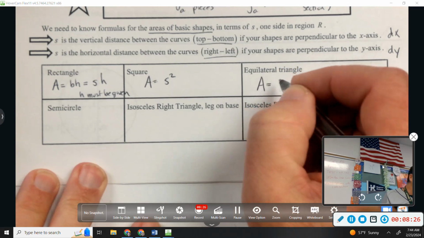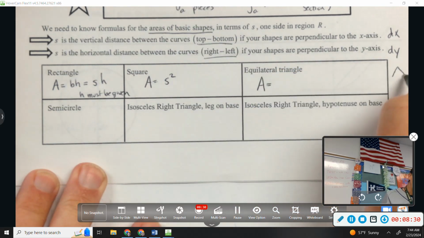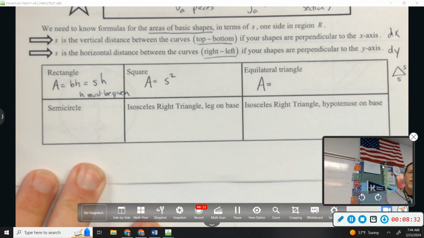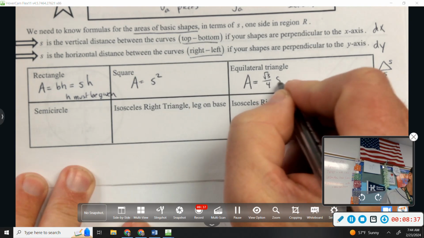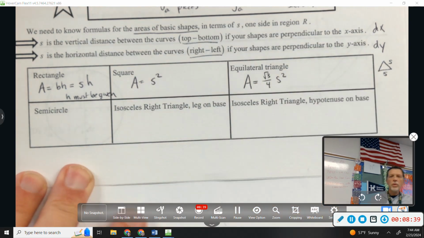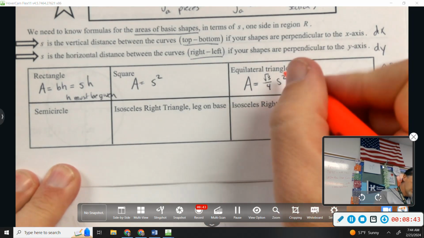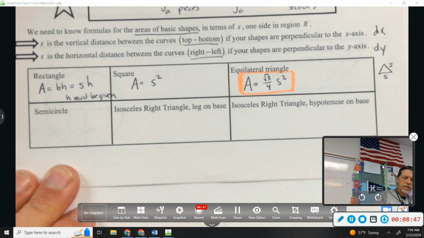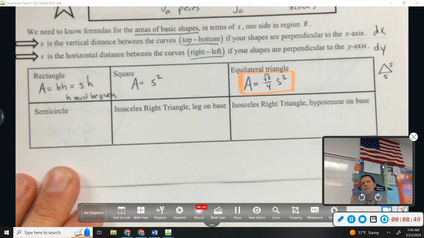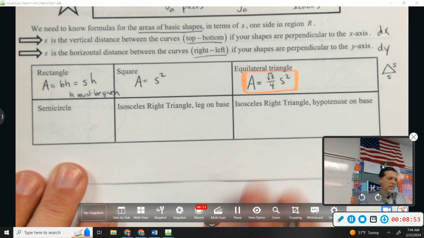Equilateral triangle, maybe you've seen this before, maybe not. We could derive it if we really wanted to. But you probably just want to trust me because you're going to memorize this one anyway. Root 3 over 4 S squared. To me, that's the only one that I memorized because the others I can figure out.